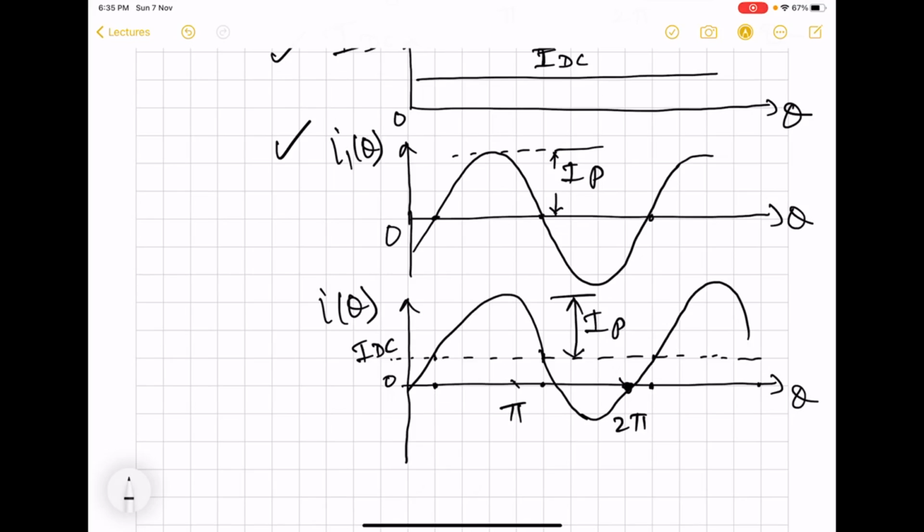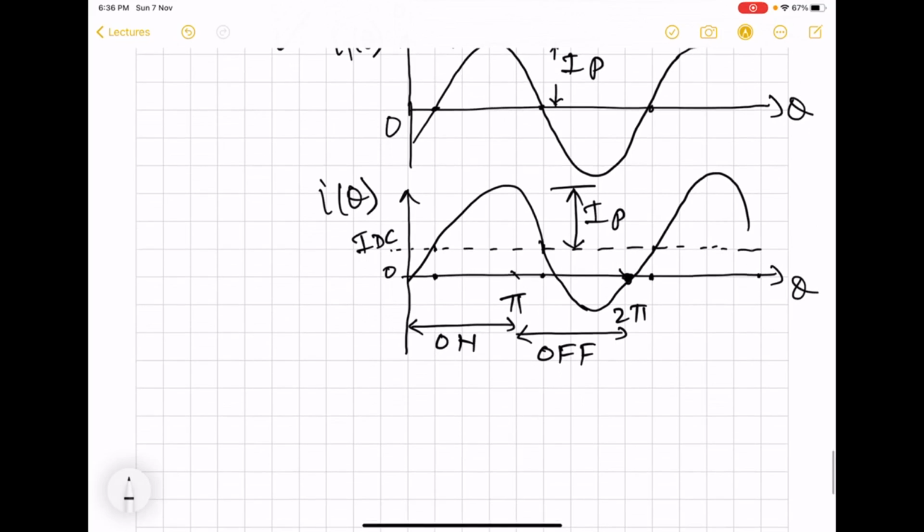Now we have seen that this portion is the duration over which the switch is going to be on, and for the rest of the cycle it is going to be off. When the switch is on, it offers the least impedance path, which means the total current must now be flowing through the switch. So the switch current is going to be like this.